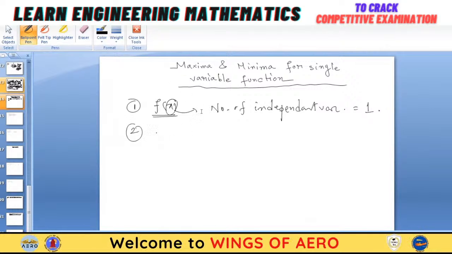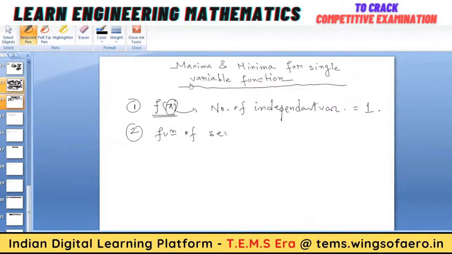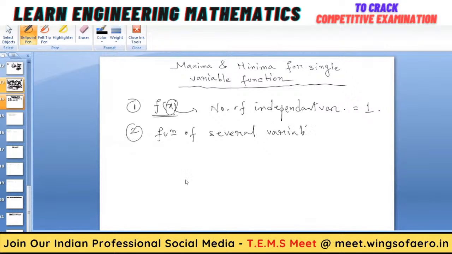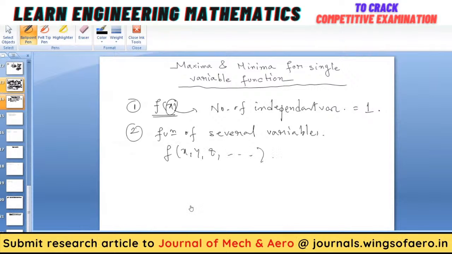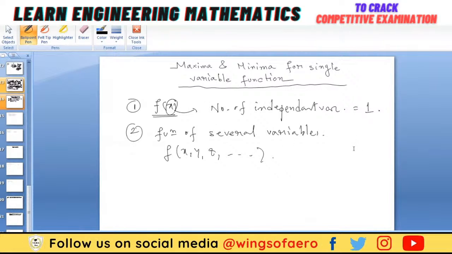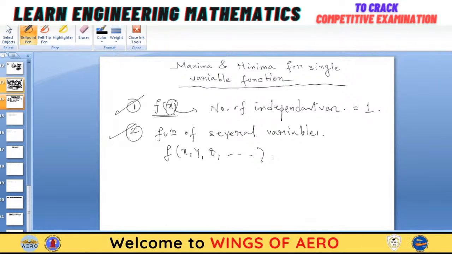Second is a function of several variables, for example f of x, comma y, comma z, and so on. So there are two types of function: one is a single variable function, another is a several variable function. Single variable maxima minima is very easy.